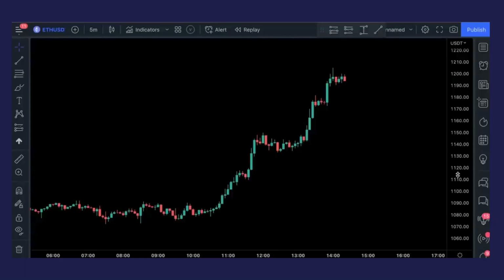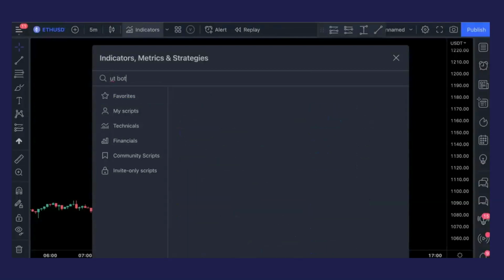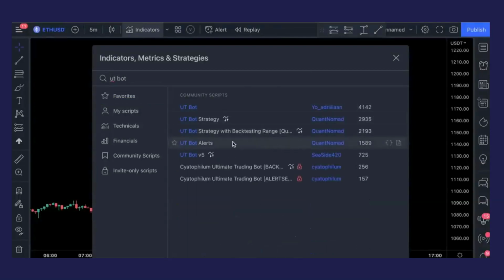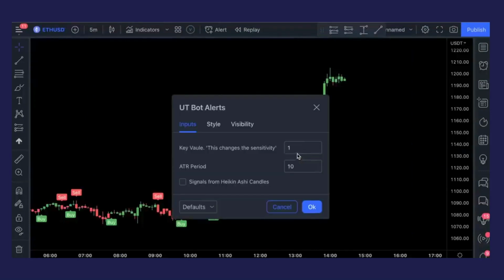Okay, this strategy consists of 2 indicators, and now let's go and add them to our chart. For the first indicator, let's add the UT bot alert. This indicator right here. Obviously we need to change its settings. So let's set the key value at 2. And the ATR period at 6.